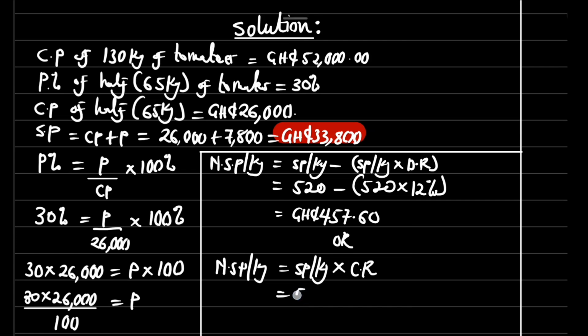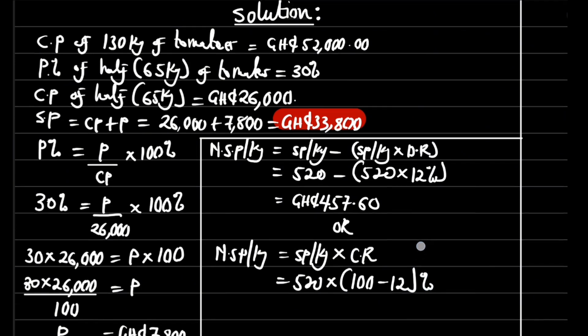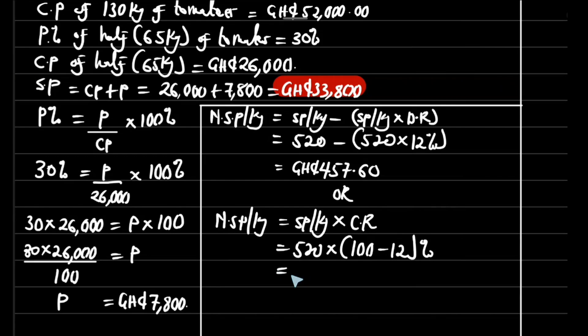So you get 520 multiplied by 100 minus 12, in percent. This is what we call the complement rate. When we do that, we get the same value, 457.60. So now we know the new selling price after the discount was given.